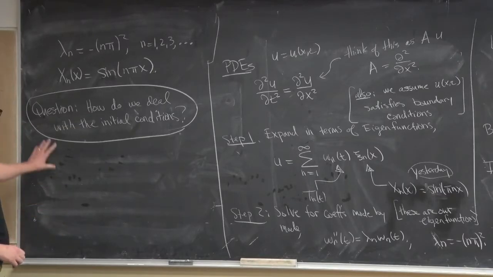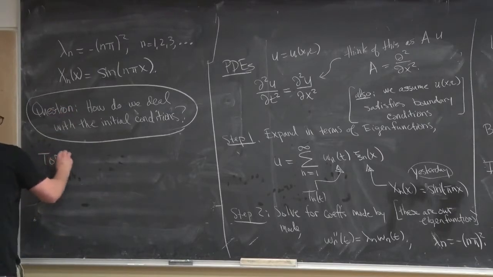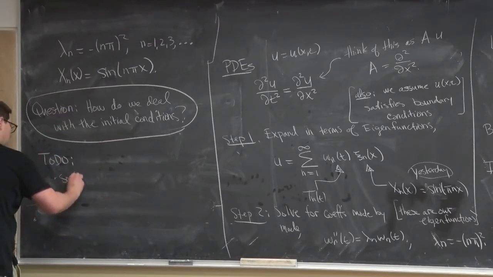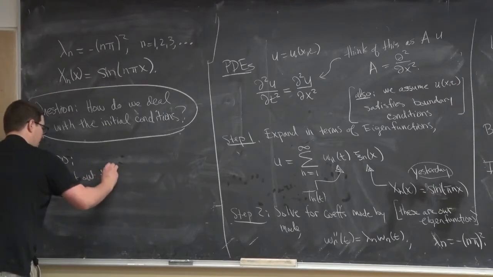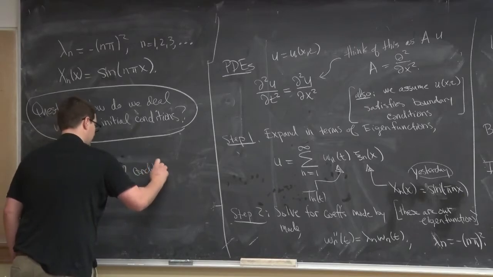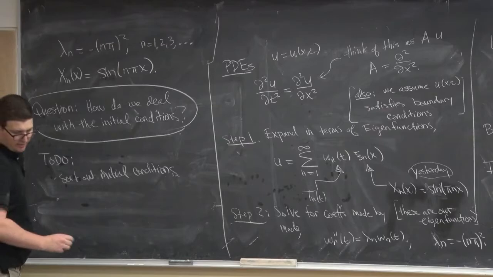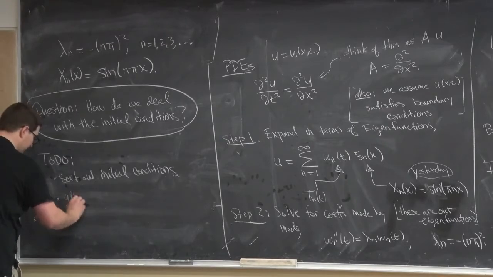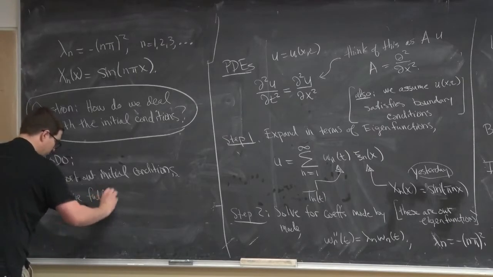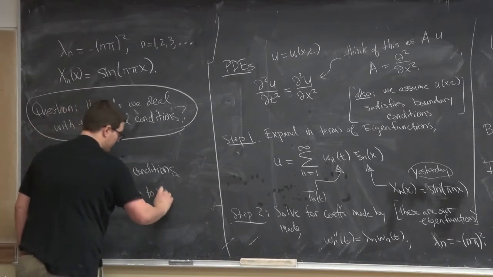So the to-do is to sort out the initial conditions. I'm going to give you Euler's formula, and then give a full solution to the vibrating string problem.